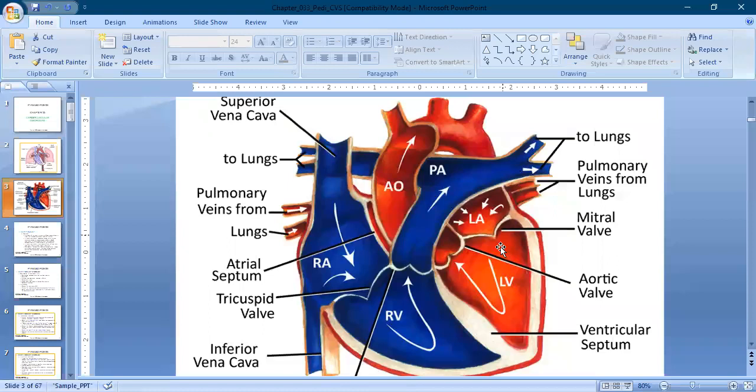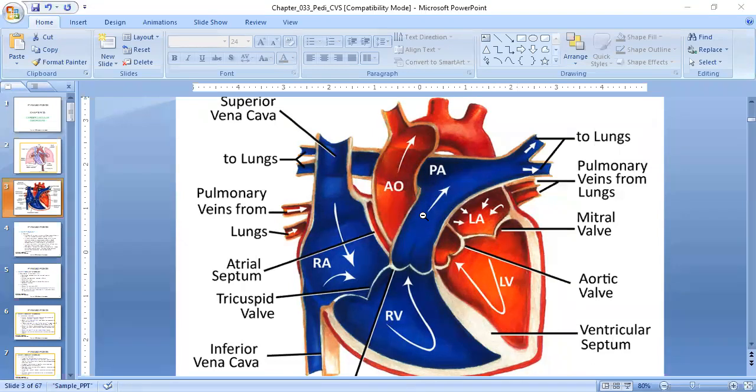But if there are any abnormalities in the septa, the ventricular septum, blood has to go backward, flowing from the left ventricle to the right ventricle. And this is called shunt.